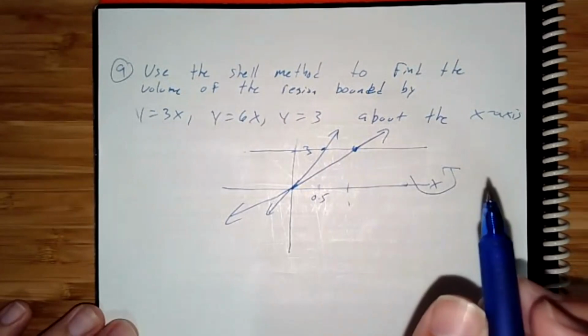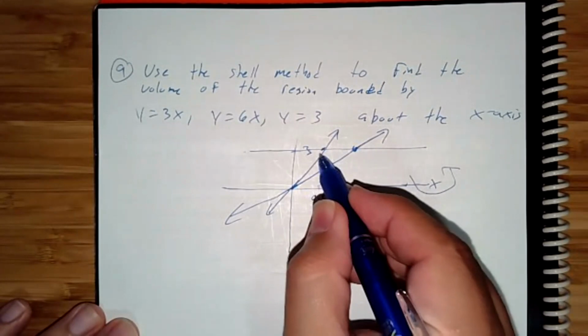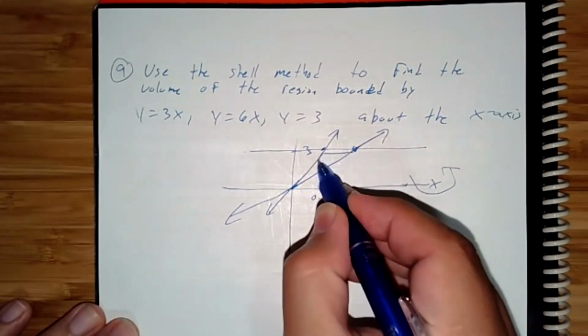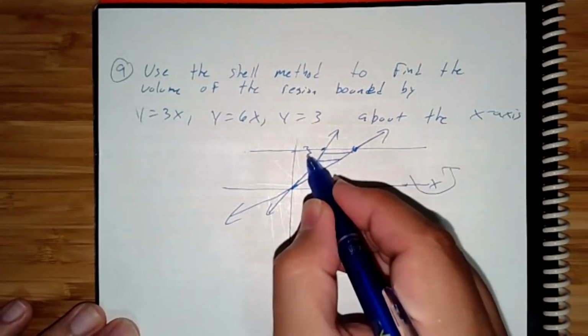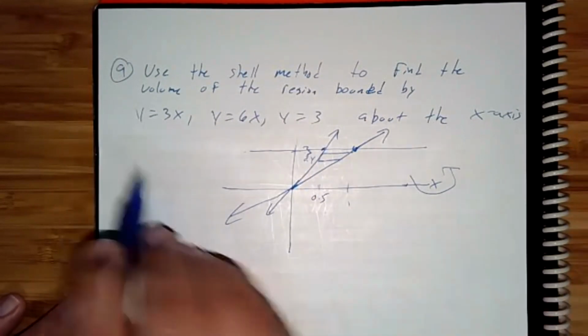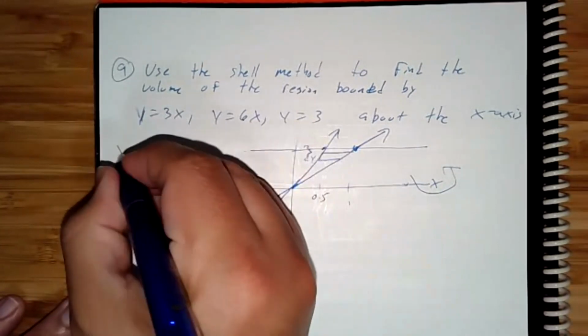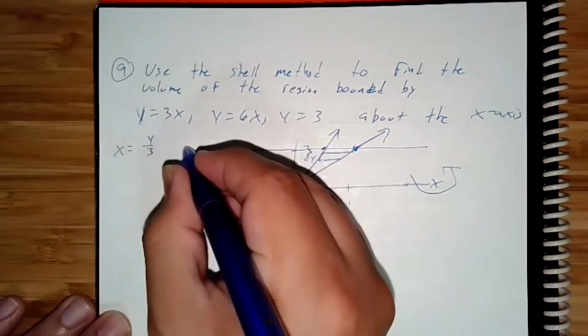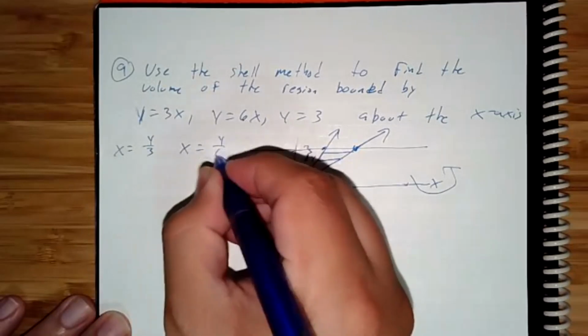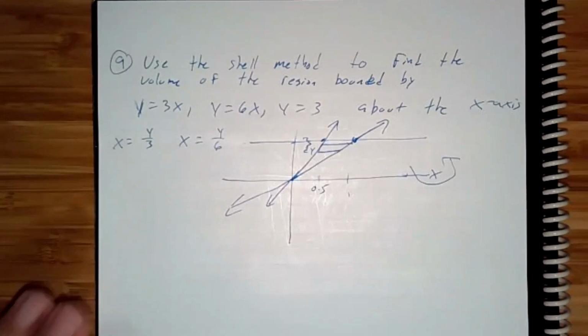This has to be parallel, which means we have to do dy. Okay, so that means I need to solve for x rather than y on all of them. So we're gonna have x equals y over 3 and x equals y over 6, right? Everything needs to be in terms of y.